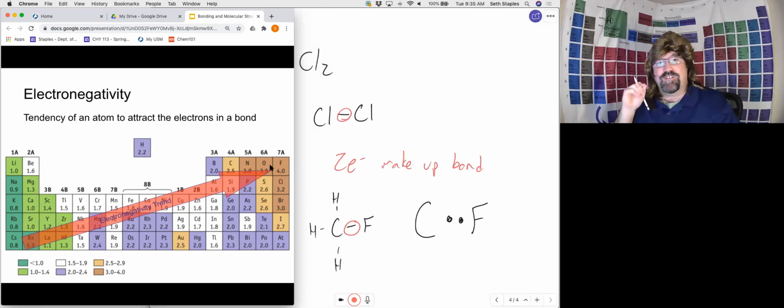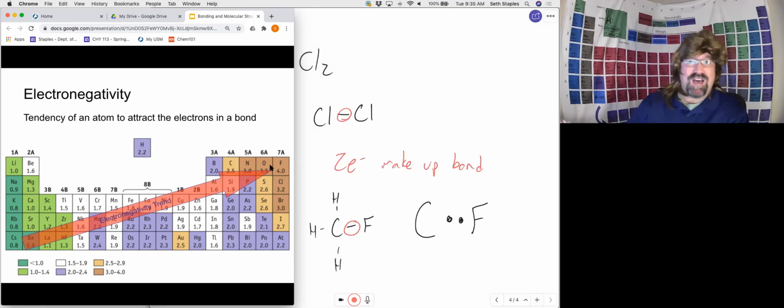But since fluorine is so much more electronegative, the electrons want to be around fluorine more. And so they're going to spend more time closer to the fluorine. On average, they will be closer to the fluorine than to carbon. They're still in between carbon and fluorine, still making up that bond, but they're going to spend more of their time near fluorine.